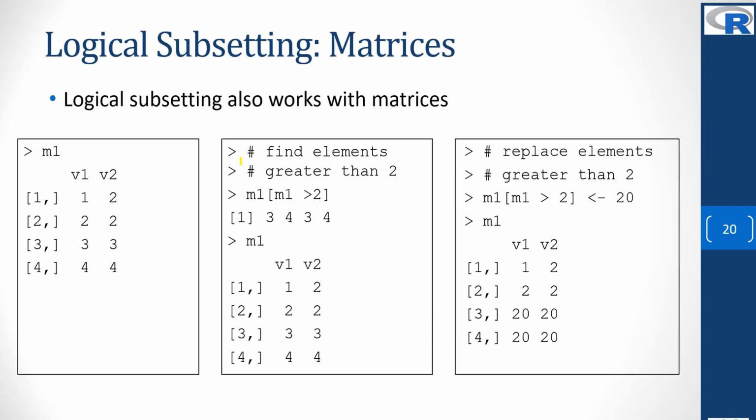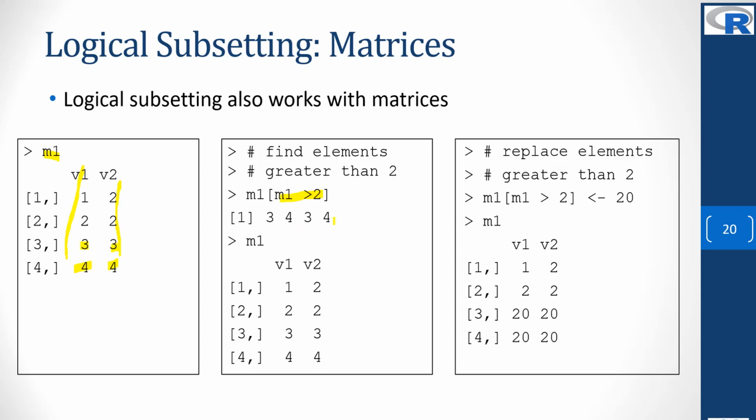And then our logical subsetting works with matrices. So here we have a matrix M1 that has two vectors, column-wise, V1 and V2. So we're using the expression M1 greater than 2, and we're going to do an element-by-element comparison here. And so we get the first column is 3, 4. Remember, we work in column-wise order here. And then for the second column, we also get 3, 4.